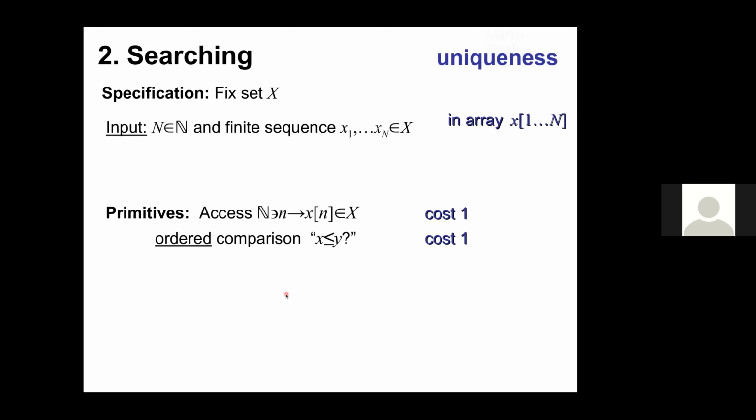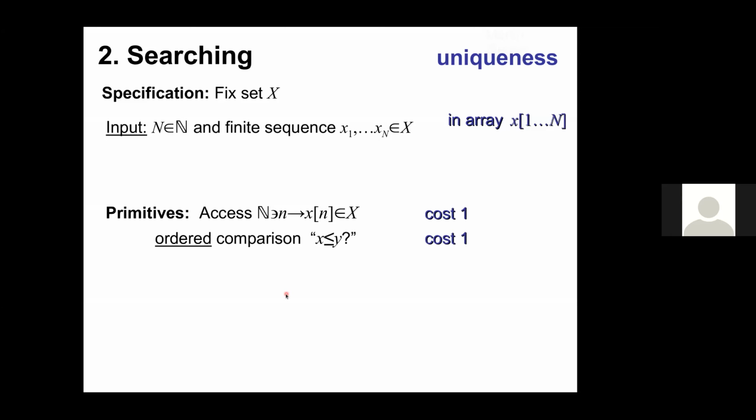Then we said, okay, in a sorted array we can search logarithmically, and then we discussed the problem of uniqueness, which is not the classical searching, but it is very much related to it.